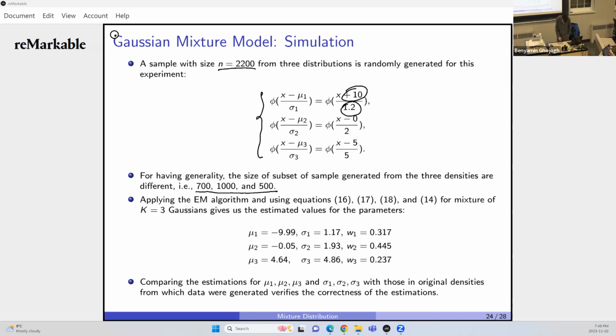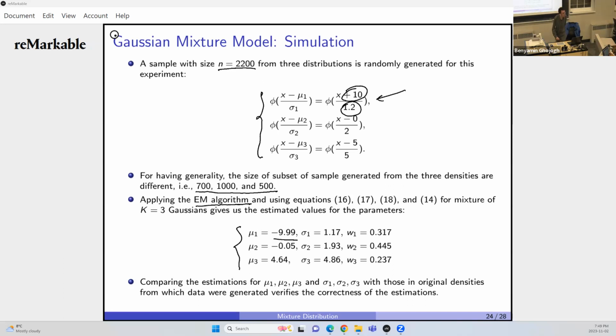So applying the expectation maximization algorithm and using equations 16, 17, 18, and 14 that we had for a mixture of 3 Gaussians, it gives us these. These are the converged values, mu, sigma, and the mixing probabilities. Now compare these with the actual means and variances.